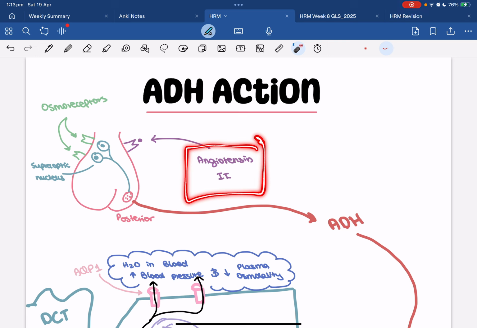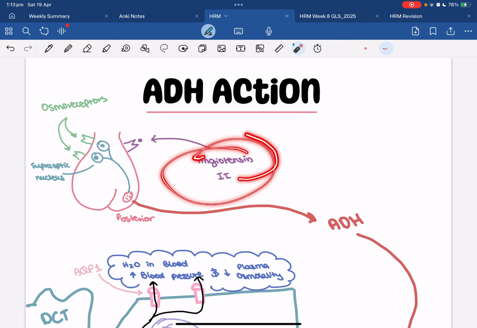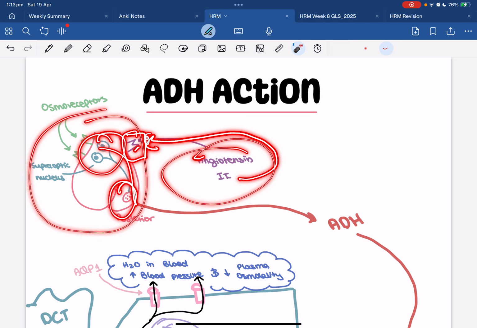From that, you get angiotensin 2 using an enzyme called ACE, angiotensin converting enzyme. So let's say we got angiotensin 2, it binds to these receptors, and we have a supraoptic nucleus, but you don't really need to know much of that.